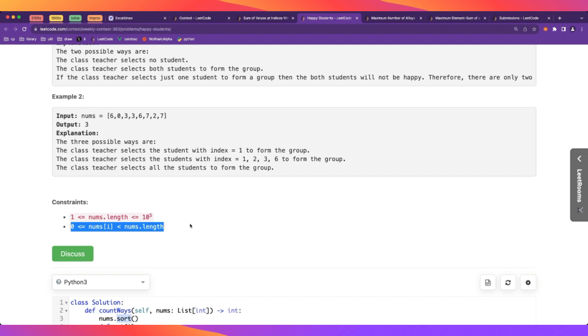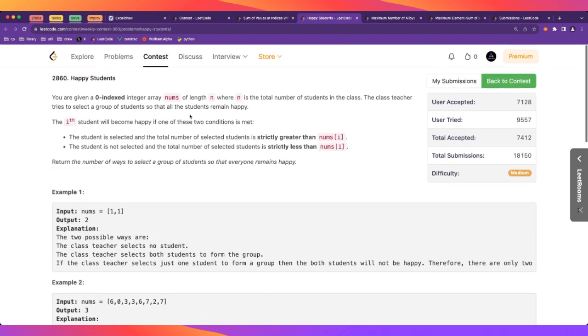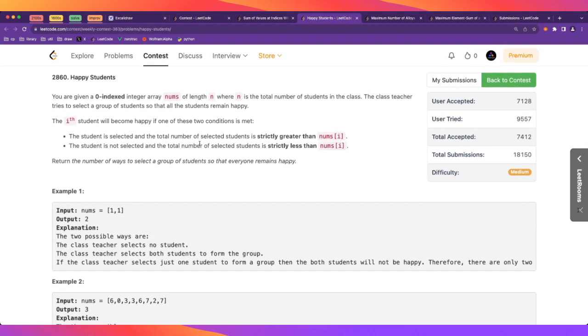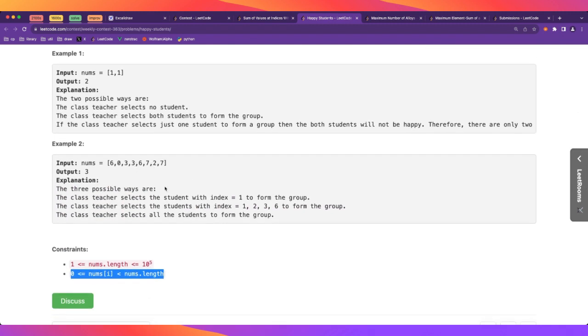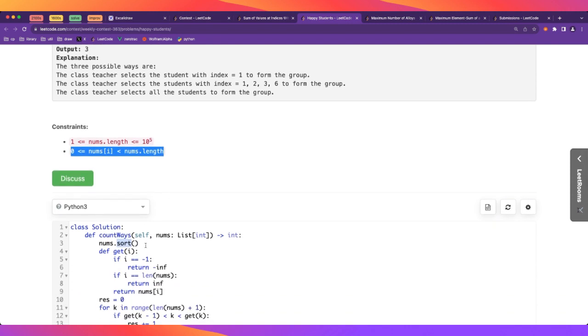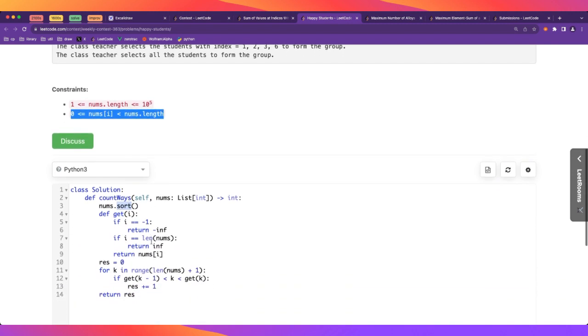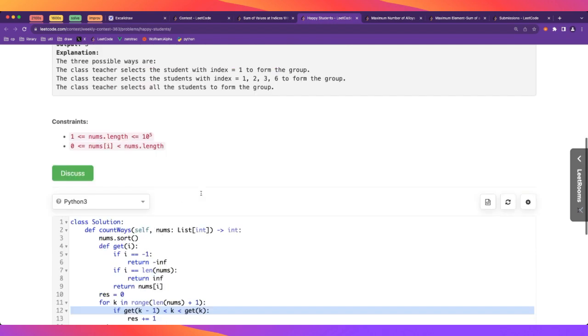But in this case, the order doesn't matter. So that's usually a very good observation to make quickly, when the order doesn't matter, because in this case we sorted the array thanks to that observation, and then we were able to do this quickly.